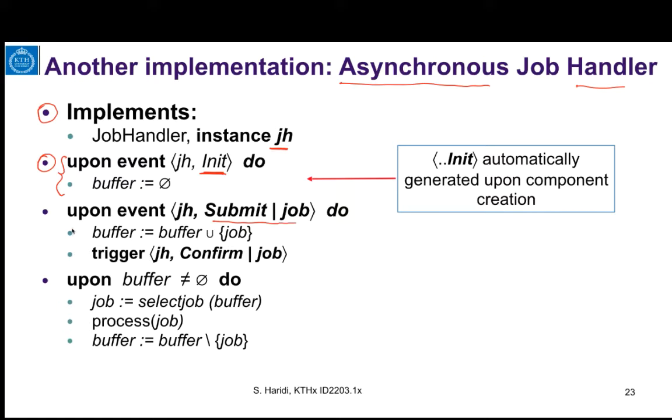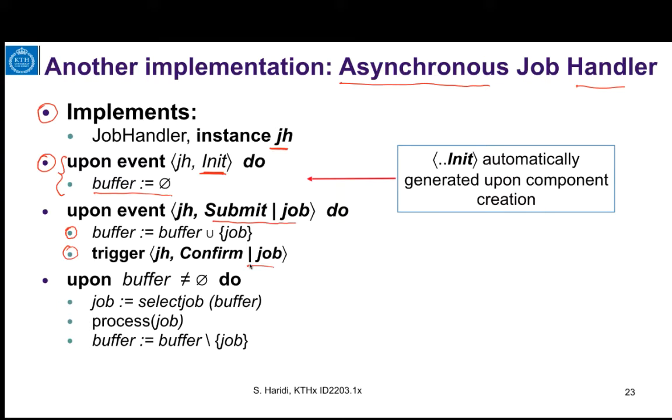Then we have how to handle a submit event. In this case, we just buffer the job. You see we had first an initial buffer, which is an empty buffer. Here we buffer the job, and we trigger immediately a confirm for that job. So we didn't really process the job yet, but it will eventually be processed. So this is a different execution.